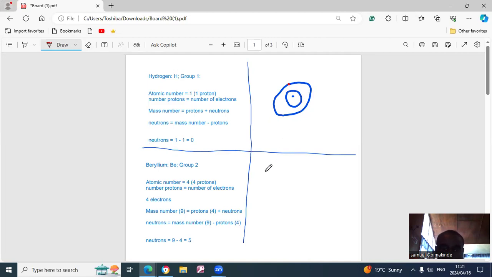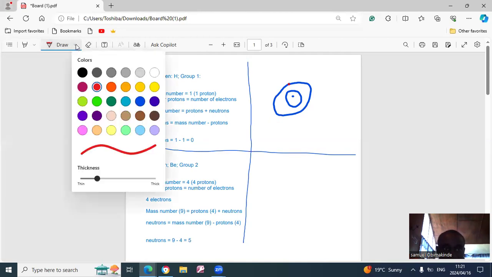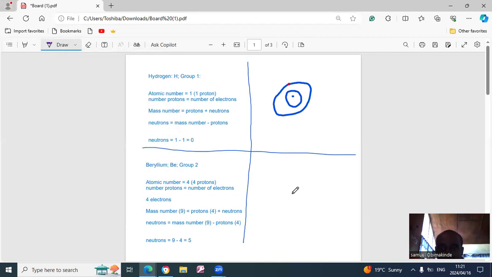Okay, so let's look at beryllium. This one will confuse you a bit, but I will try as much as possible to simplify it. So this is the nucleus. Remember, the nucleus is the center of your atom. Here, we have 4 protons, right? Let's represent the protons with a purple dot. This will be 1 proton, 2, 3, and 4.